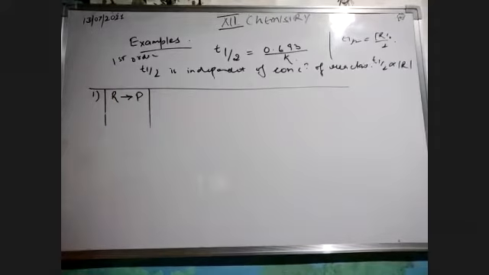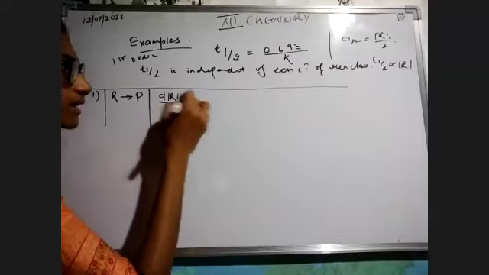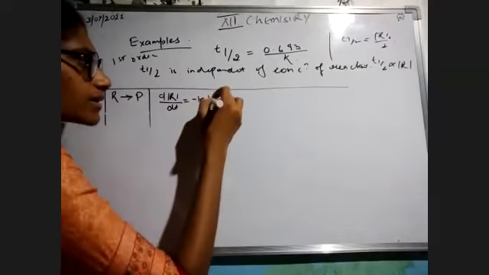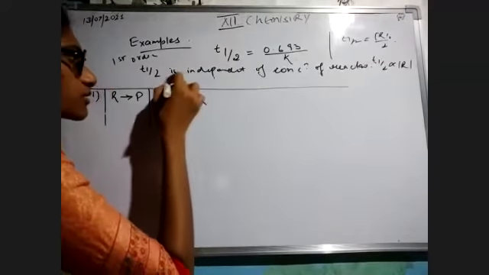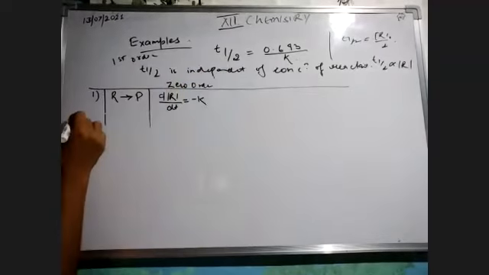If I'm talking about the zero order, what would be the differential rate law? It would be dR upon dt equal to minus k. Why? Because R to the power 0 means 1. This is for zero order, and another one for first order.